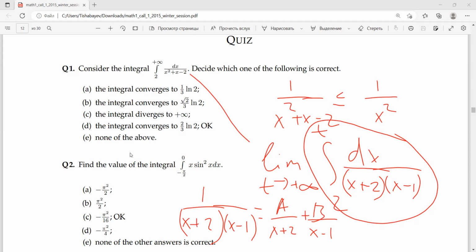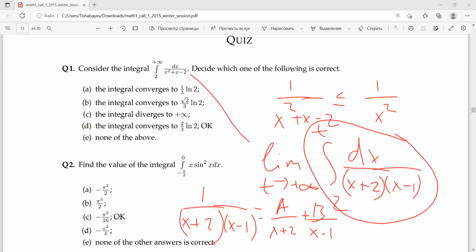So to find a and b, what should we do? Who knows? Simur? We need to give a common denominator and equate it to 1, correct.